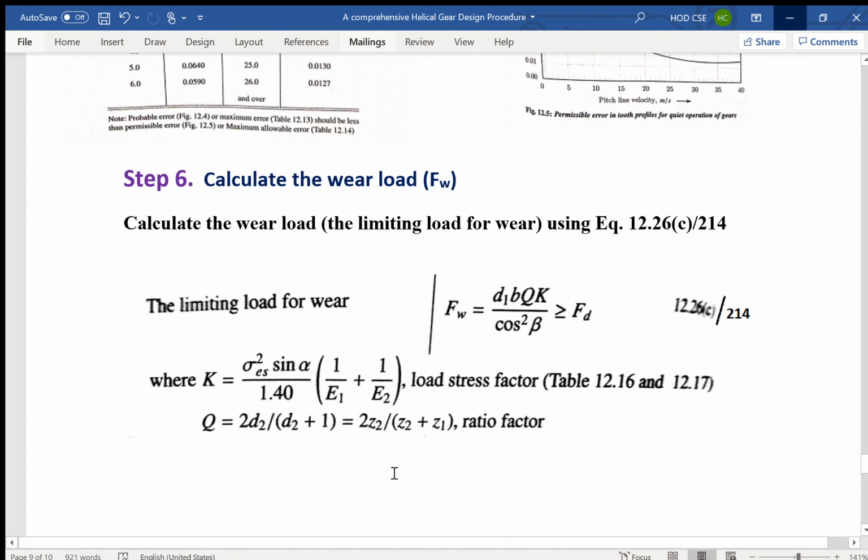So here there is a mistake. This is d1. Okay, Q is equal to 2d2 by d2 plus d1, that's equal to 2 z2 by z2 plus z1, called the ratio factor.